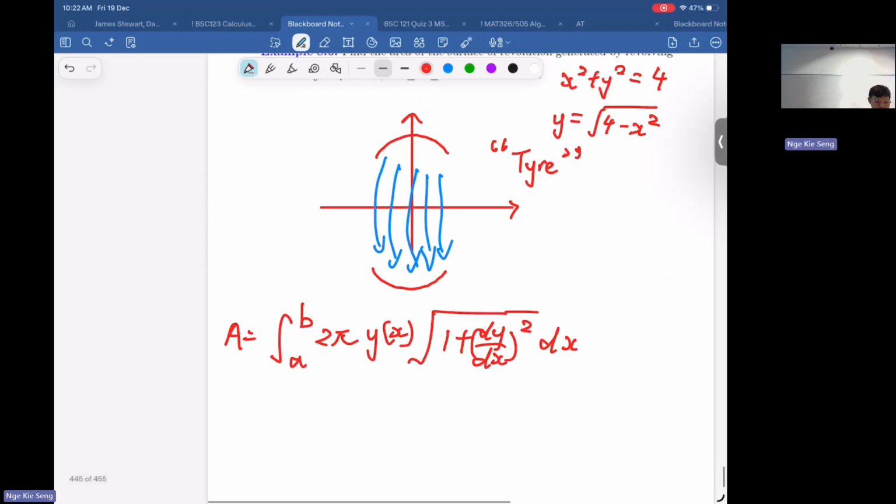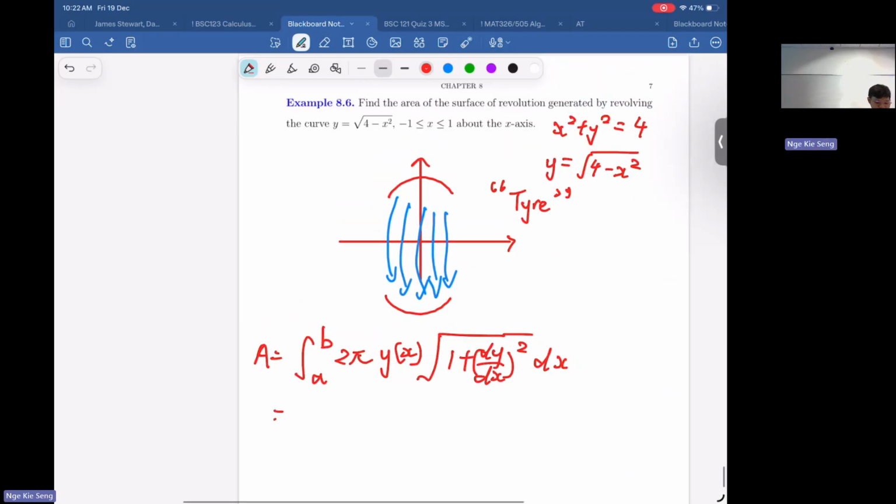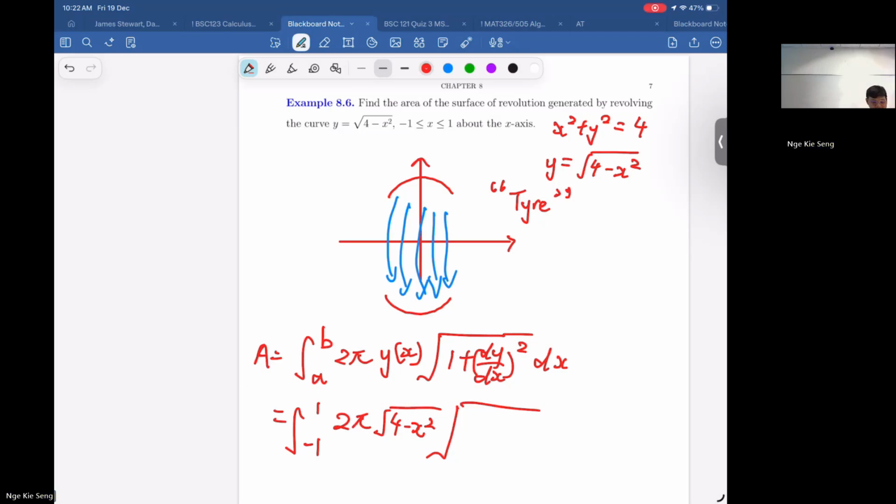So what's your a and b? Our a and b are minus 1 to 1, and our y(x) is square root of 4 minus x squared. You need to figure out the derivative. Is it easy to compute? Can you quickly see this is minus x over square root of 4 minus x squared?